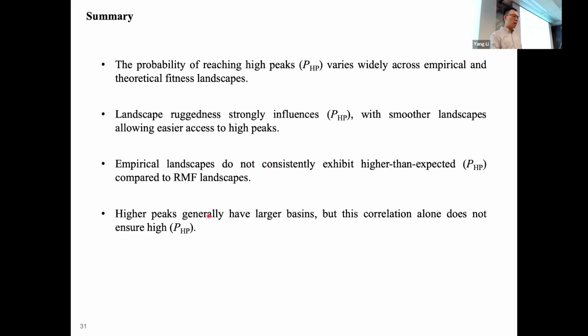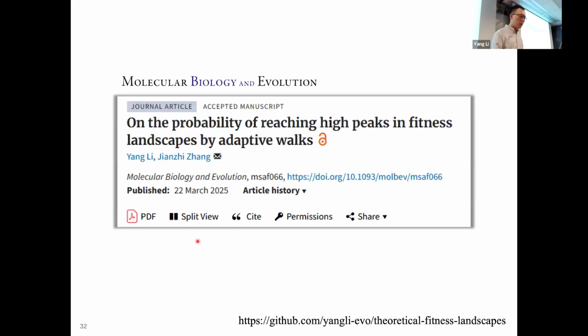So higher peaks generally have larger basins, but it does not guarantee reaching the high peak with high probability. And our result was recently published in Molecular Biology and Evolution.